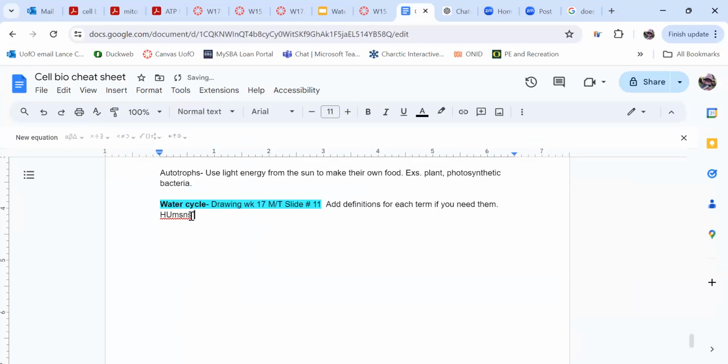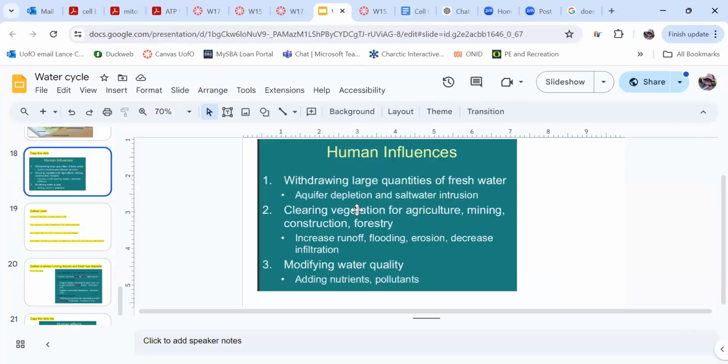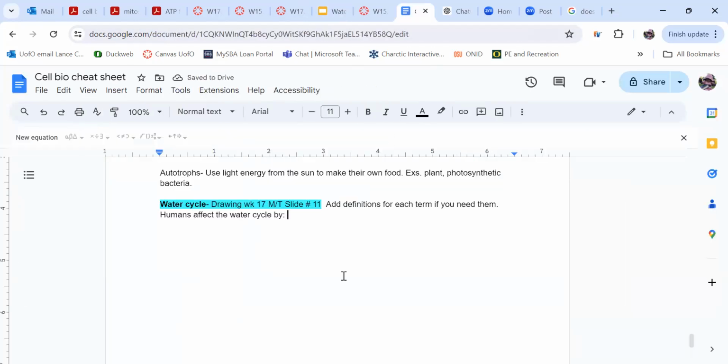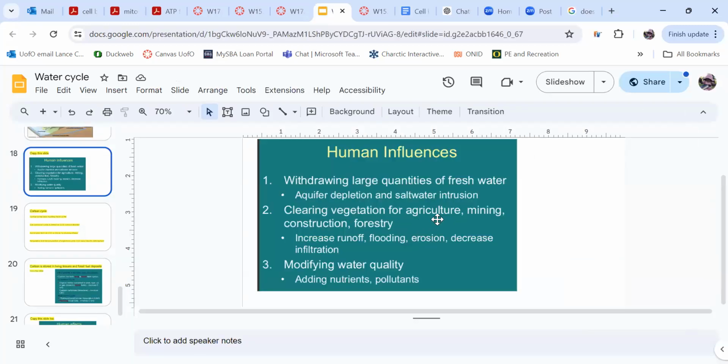Humans affect the water cycle by withdrawing large quantities of fresh water, clearing vegetation for agriculture, mining, construction, and forestry.